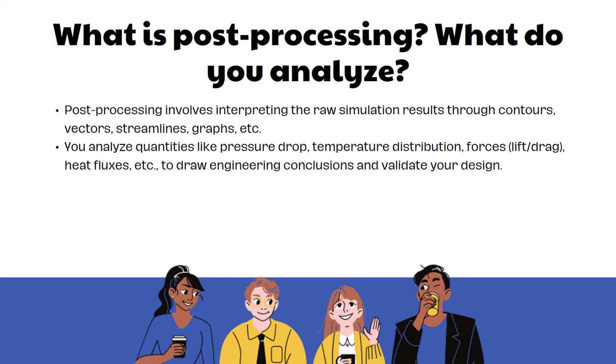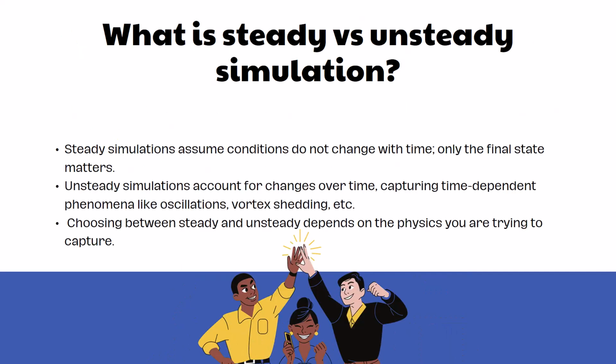I can plot many graphs depending upon my requirement. So whenever I want to study some parameters, or I want to interpret my results in some visual form, okay, I will be using post processing, and the parameters which I need to visualize and analyze, I will be using them.